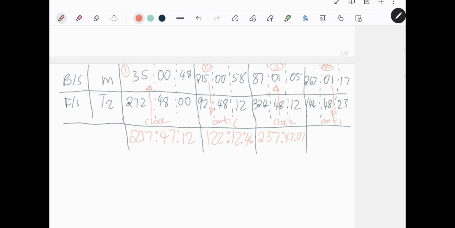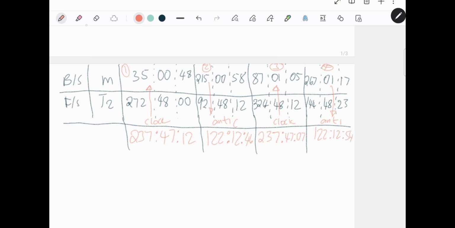Then the last one, the arrow is pointing from the top going down: 267, 01, 17 minus 144, 48, 23. So we have 122, 12, 54.